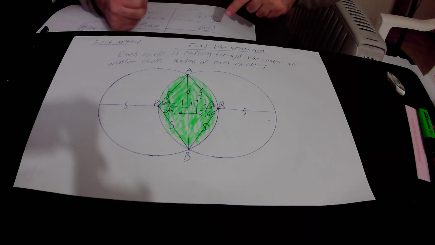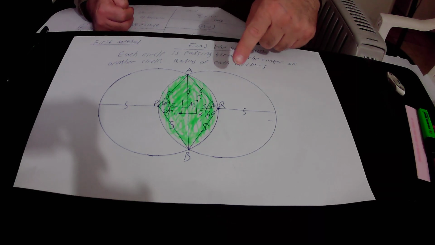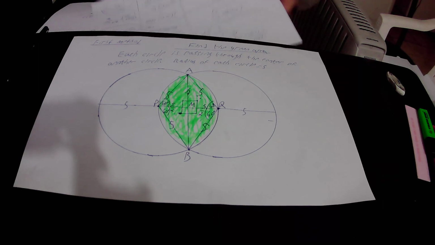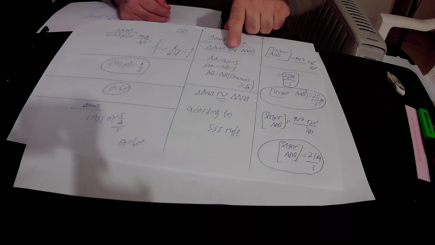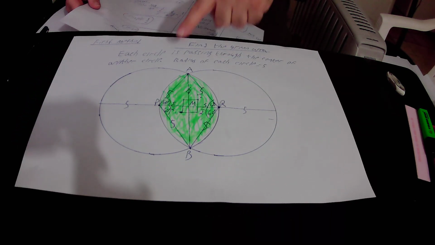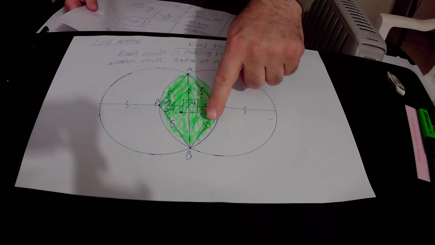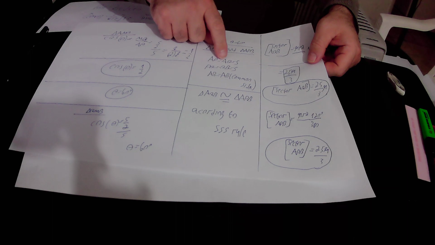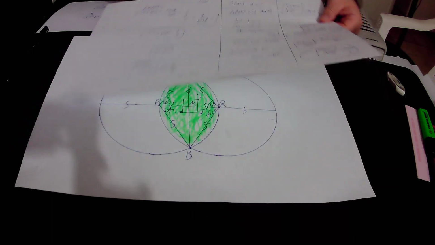First of all, we know that AP equals AQ equals 5 units. We also know that PQ equals QB equals 5 units.